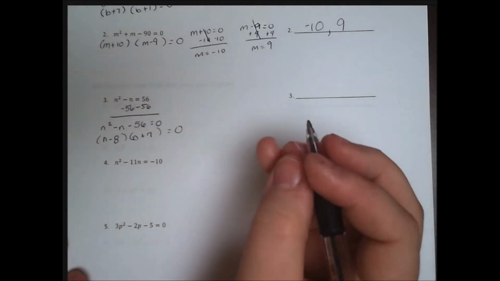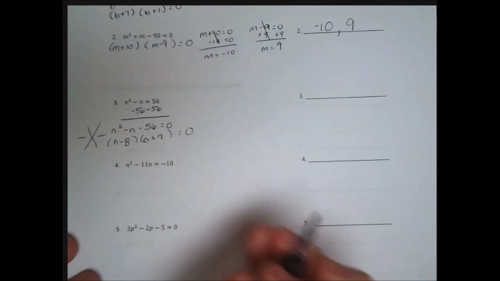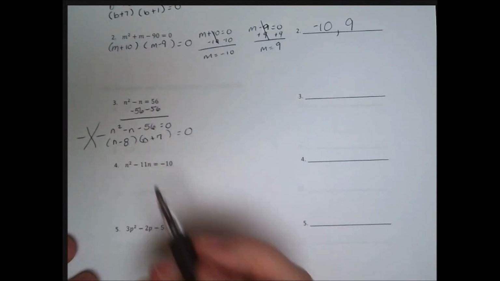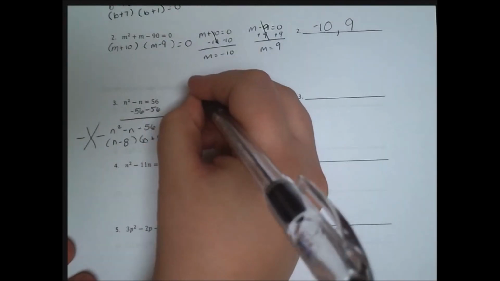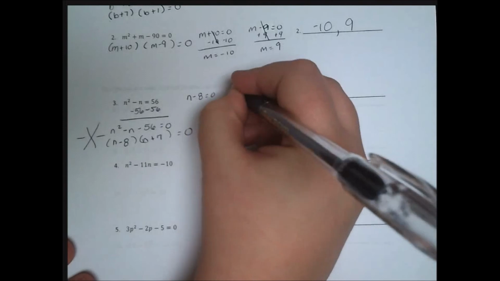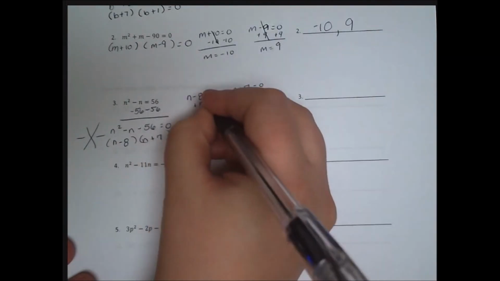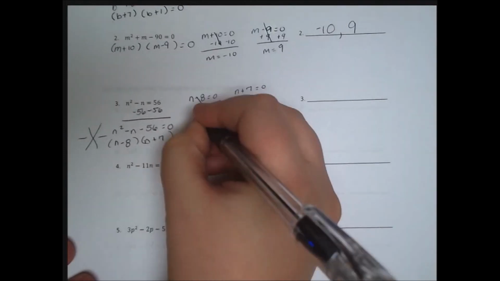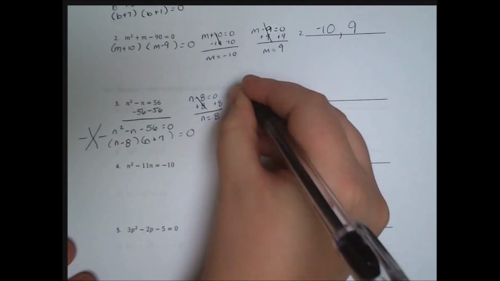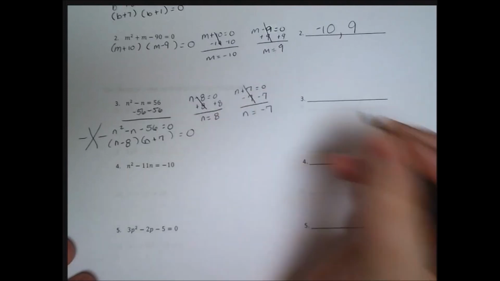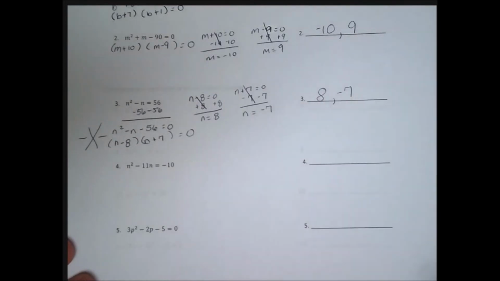Again, if you need to draw your X and fill it out to get your answers here for your factors, that's perfectly fine. It's up to you. So you set your n minus 8 equal to 0 and your n plus 7 equal to 0 and solve. So we're going to add 8 to both sides here to get n equals 8, subtract 7 from both sides here to get n equals -7. So our answers here are 8 and -7.